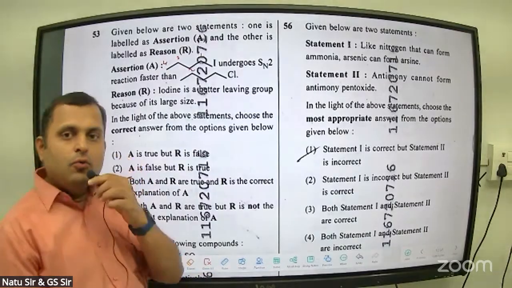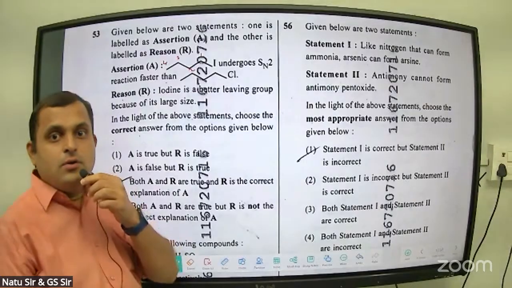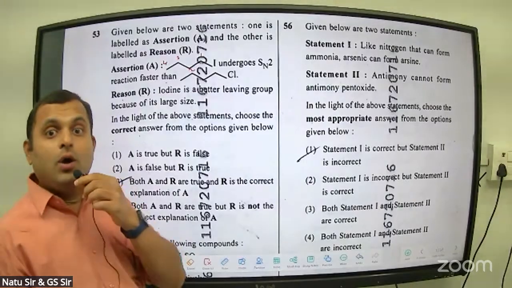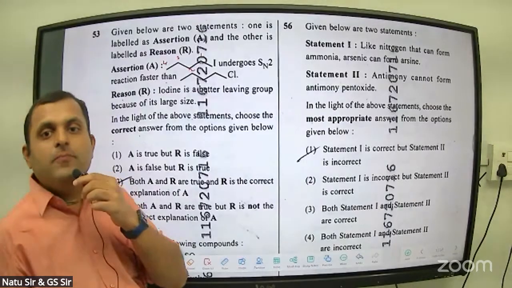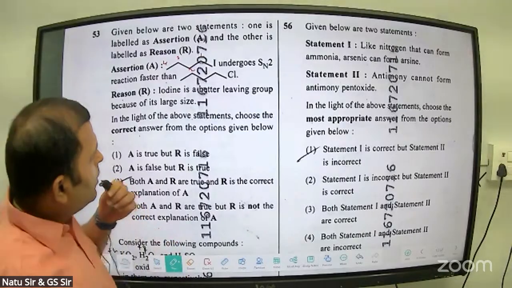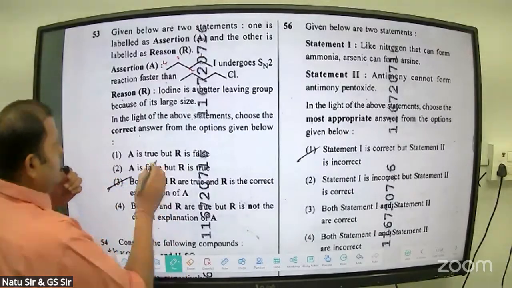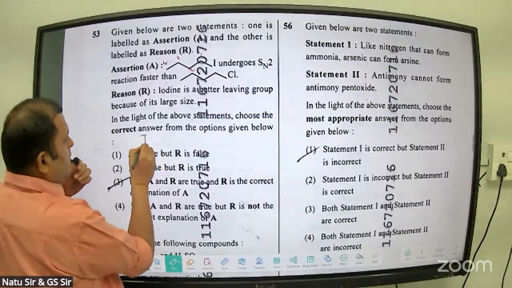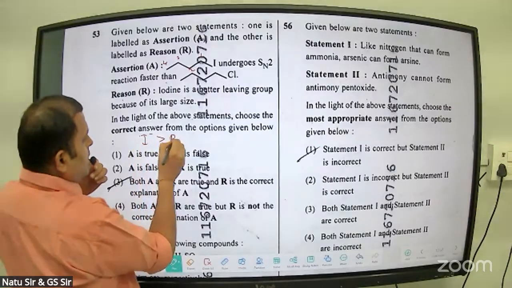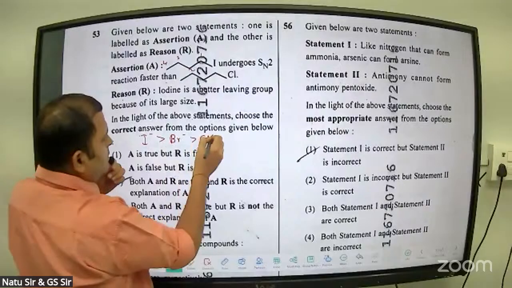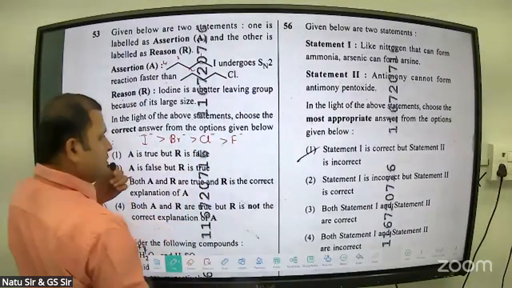So when the alkyl group is the same, the rate of SN2 as well as SN1 depends on the leaving ability of the leaving group. And among the four halogens, what is the order of leaving ability? It is I minus greater than Br minus greater than Cl minus greater than F minus.